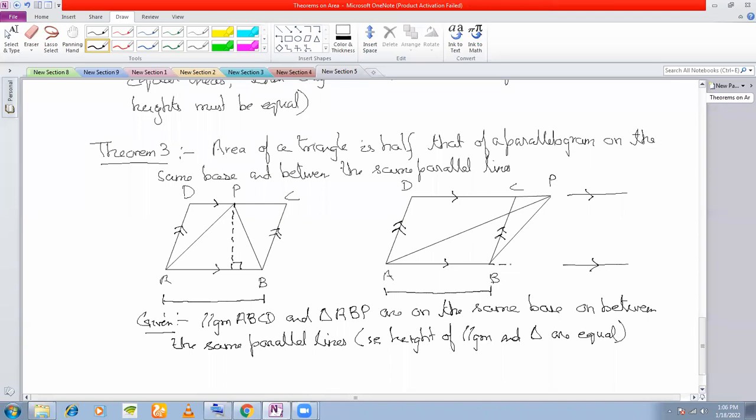If you produce this side, and if you drop a perpendicular from here, let's call this PM, point M. If you see, PM is the height of the parallelogram ABCD, and PM is also the height of the triangle, right? Any problem with observation that PM is the height of both the triangles?